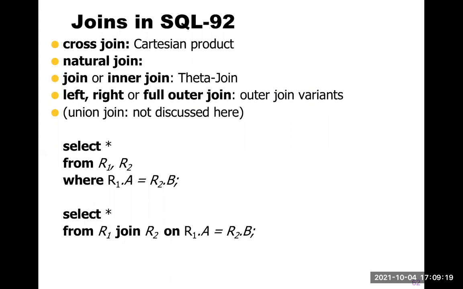And keywords of join. Joins were added only in the SQL standard of 1992. Keywords of join: natural join, cross join, and so on. So cross join is a Cartesian product. Natural join searches for columns with the same name, like in relational algebra.